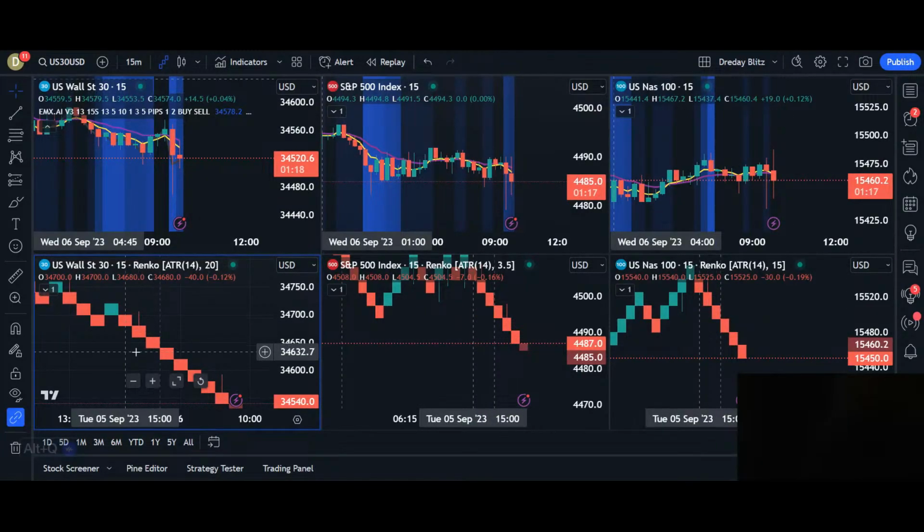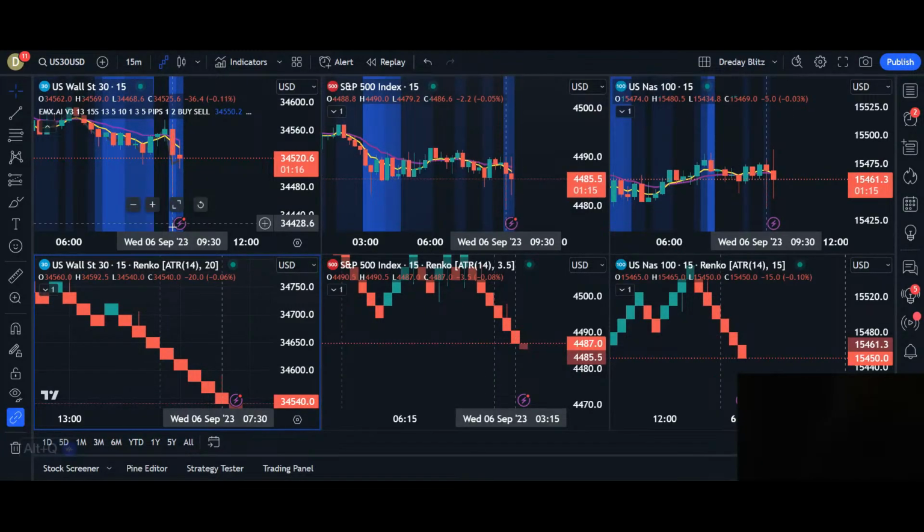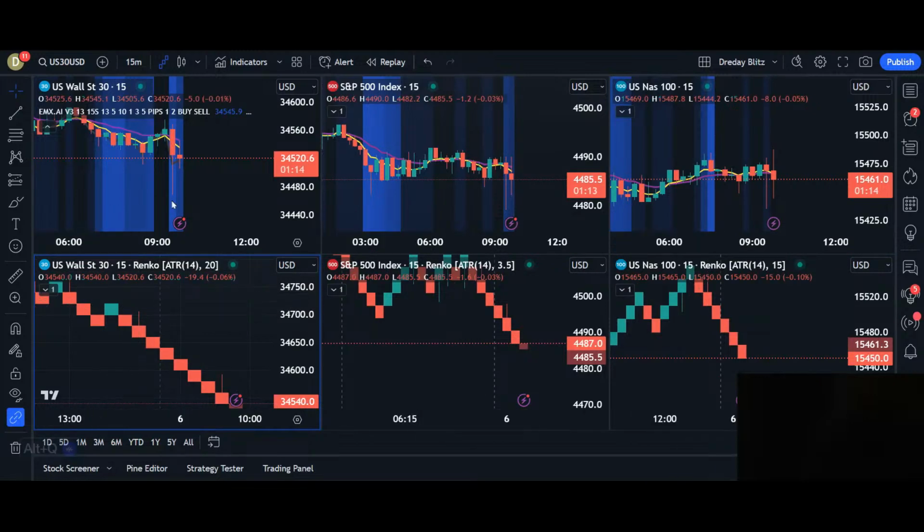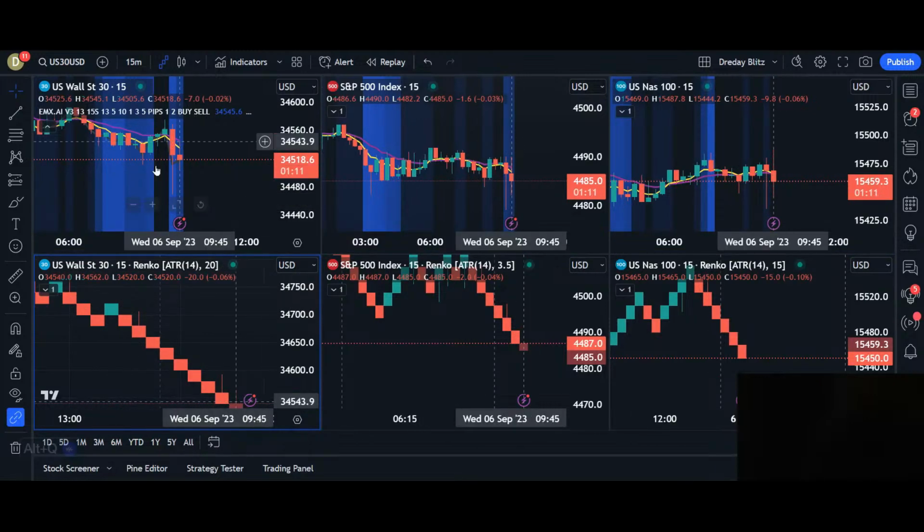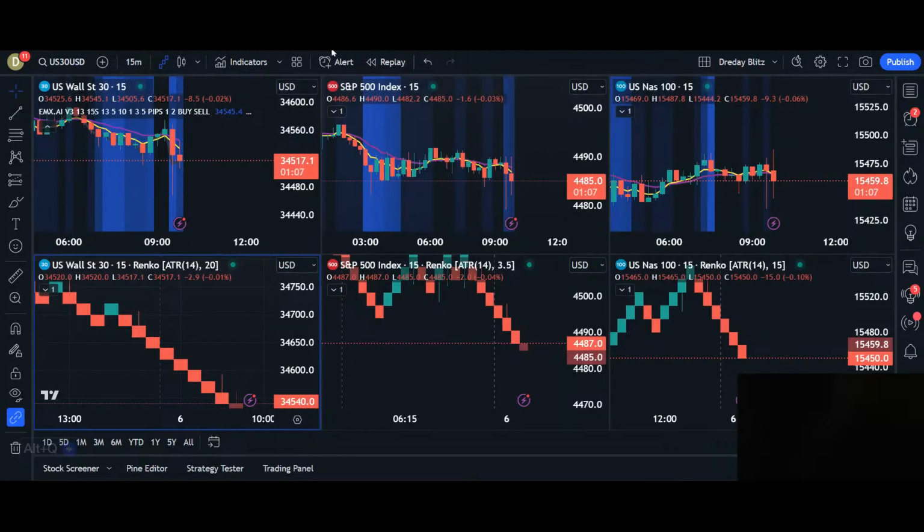You could even use the 30-minute if you want to, but by default it will be 15 minutes if you're trading the 15-minute candle. So we'll wait for the next candle that will open in about 2 minutes.